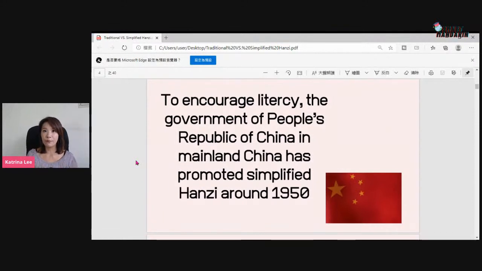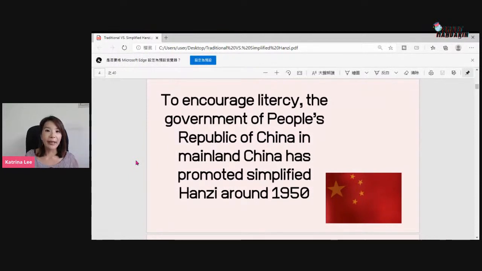We are using traditional Chinese character. But I could say like 95% of Taiwanese people in Taiwan know how to read Chinese character. The literacy rate is really high, and the majority of people are educated. They have learned the character. They know how to read the character.